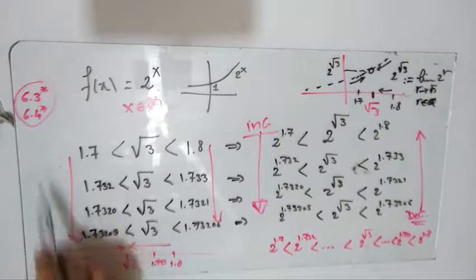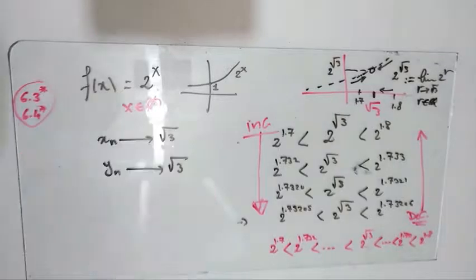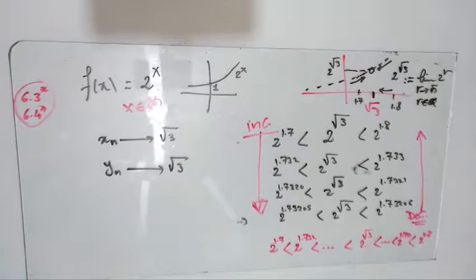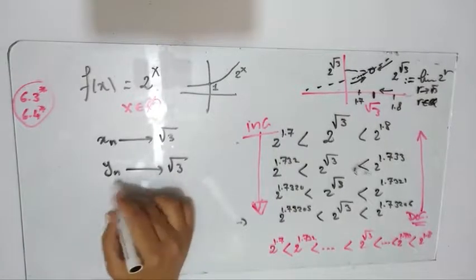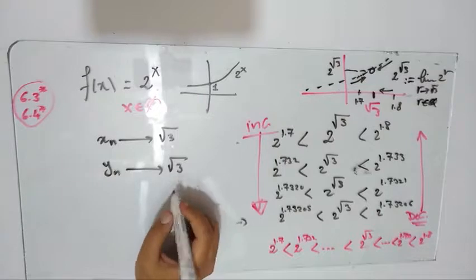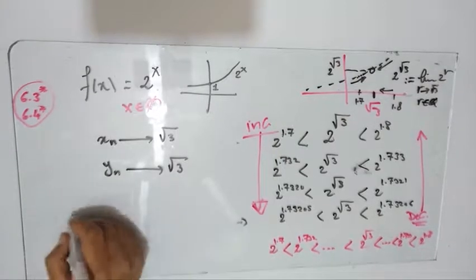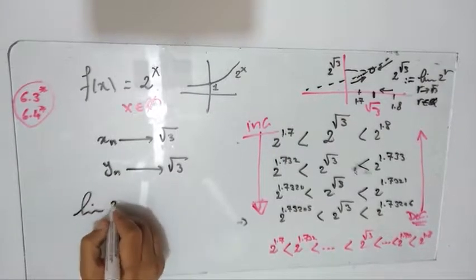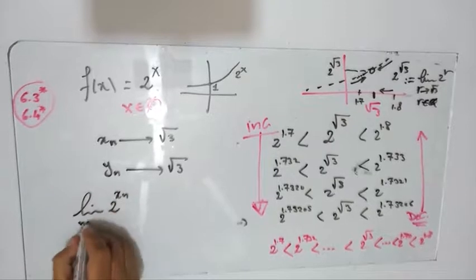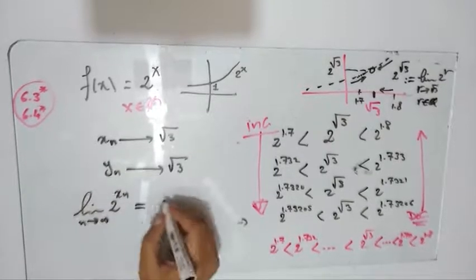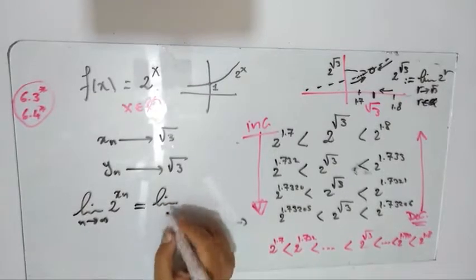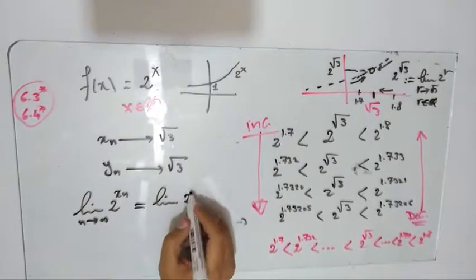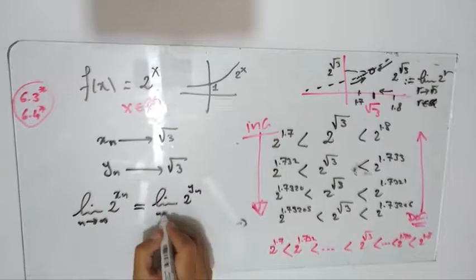This is not the only sequence which is approaching square root of 3. If you have a sequence xn approaching square root of 3, and a different sequence yn also approaching square root of 3, then the limit of 2 to the power xn as n goes to infinity is the same as the limit of 2 to the power yn as n goes to infinity.